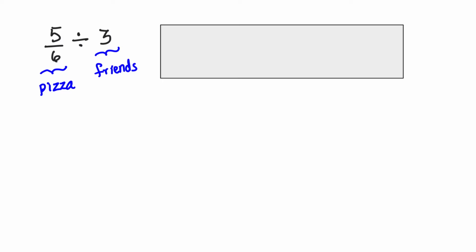Now let's go ahead and represent the 5/6 using our tape diagram. And we are going to highlight what we have, which is 5 out of the 6.